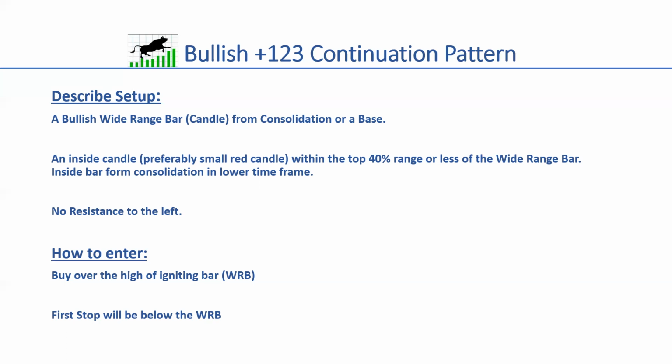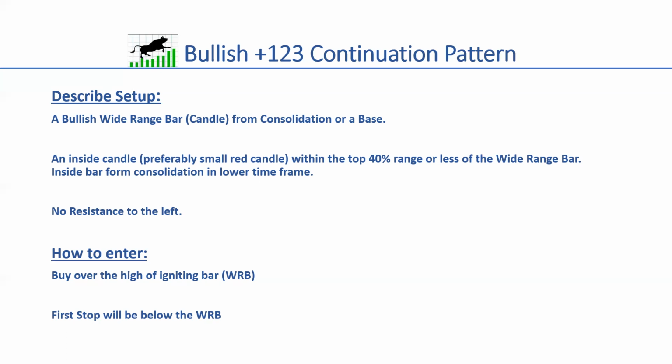The setup says that a wide range bullish bar should form out of a consolidation or a base. That means the trend has already been established, prices are making higher highs and higher lows, and then they form a resistance or a base.